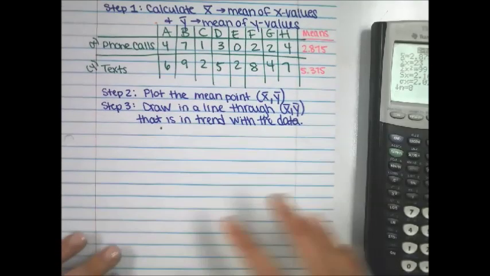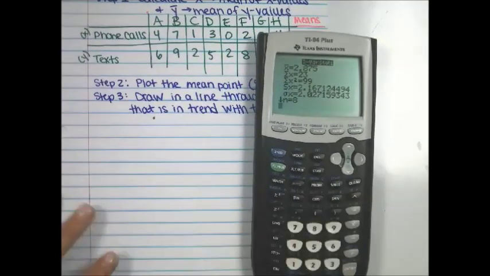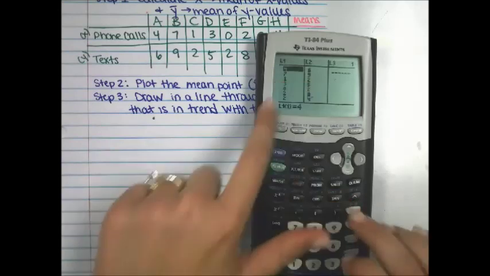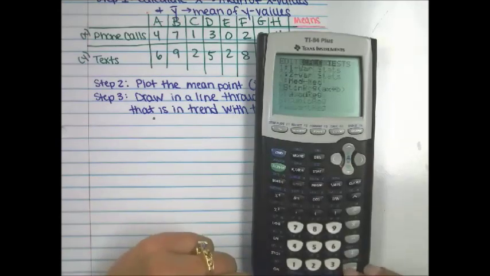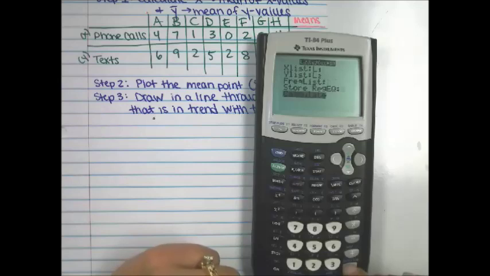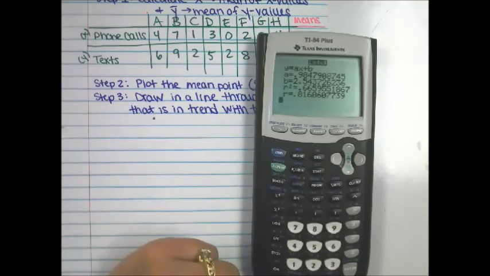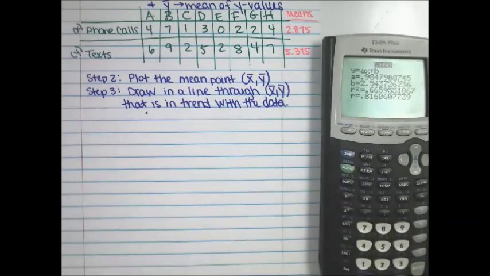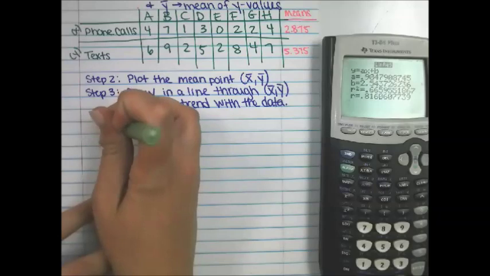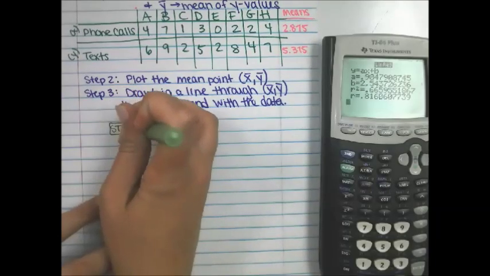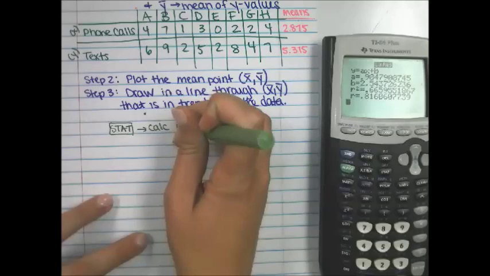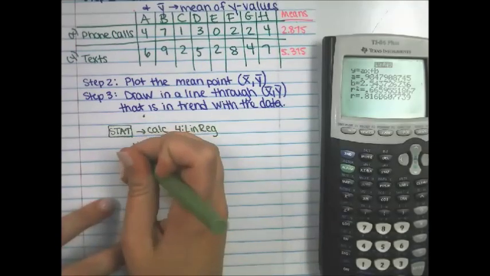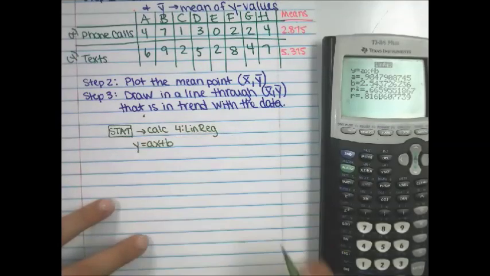So what's the more precise way to do this? In my calculator, once again I have my list typed in into list 1 and list 2. So when I went to stat, calc, number 4 linear regression last time, and we went through all these buttons, calculate, it gave me more information than just the Pearson r value. So whenever you do linear regression on the calculator, it gives you y equals ax plus b at the top.